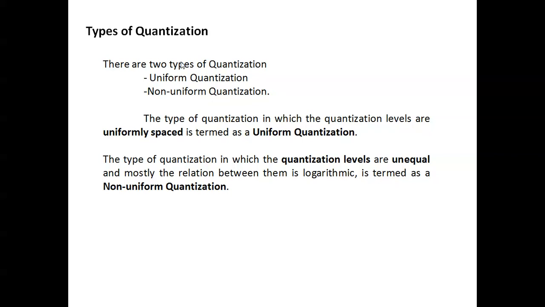There are two types of quantization: uniform quantization and non-uniform quantization. What is uniform quantization? What is non-uniform quantization? When the quantization levels are uniformly spaced, we call it uniform quantization.